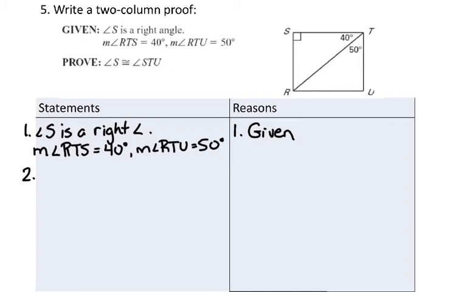Alright, step 2. Now, if we know the angles of 40 and 50, then we can add them together: measurement of RTS plus the measurement of RTU is equal to the measurement of angle STU.